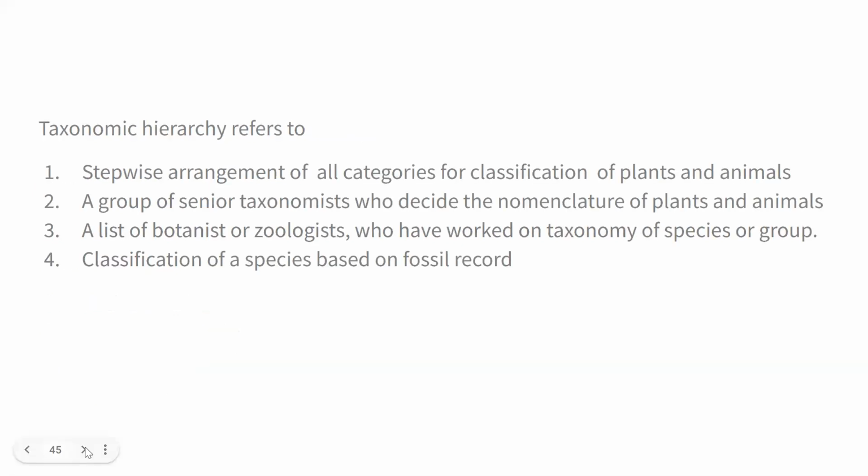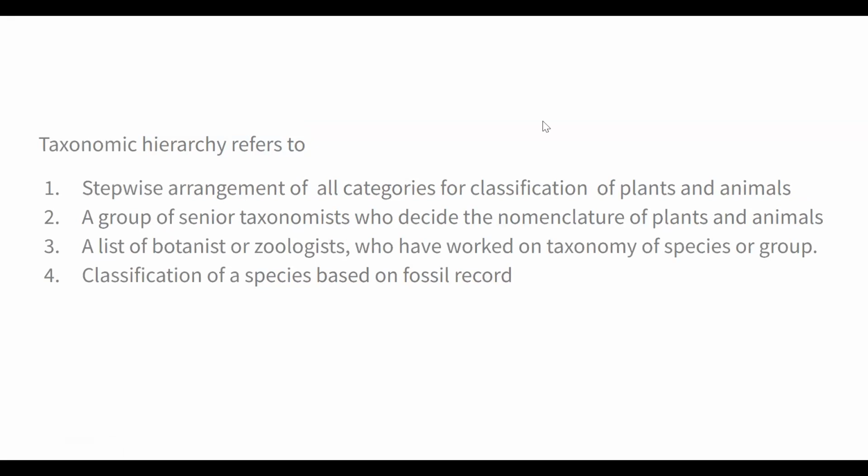Next, taxonomic hierarchy refers to a step-wise arrangement. Those who have marked option 1, that is the right answer.